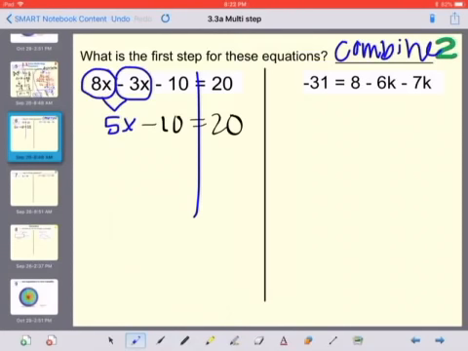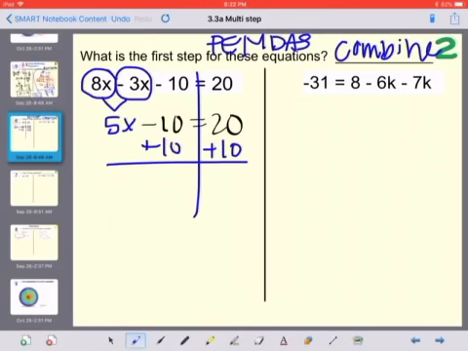Now, just like we did in the last one, we are doing our order of operations backwards, PEMDAS. So starting with adding and subtracting, we're going to get rid of that -10 and add 10. Those eliminate. We have 5x, and 20 plus 10 is 30.